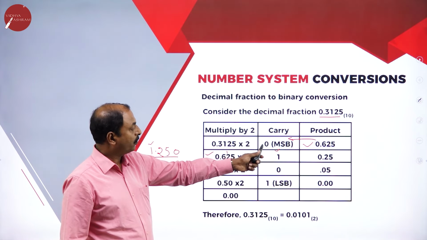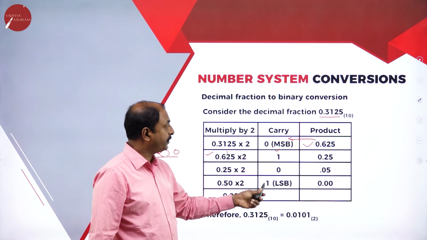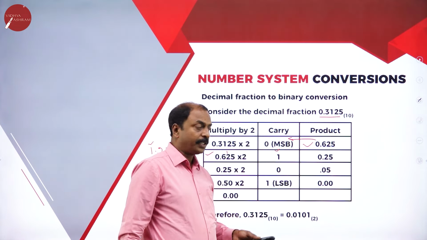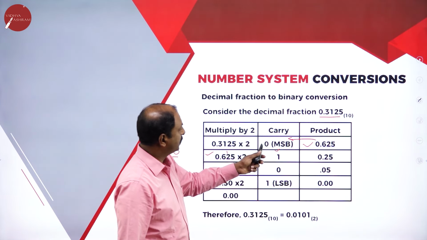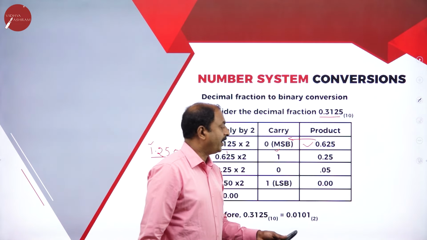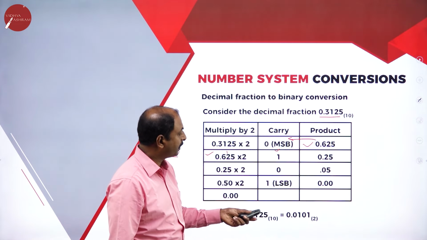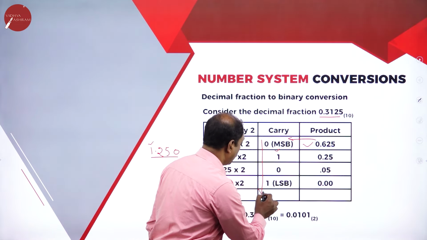So here we are going to store the carry. These are the digits we get after multiplication, that is, before the decimal point. In this example, 0 1 0 1 are the carries. While writing the answer, we have to write from top to bottom.